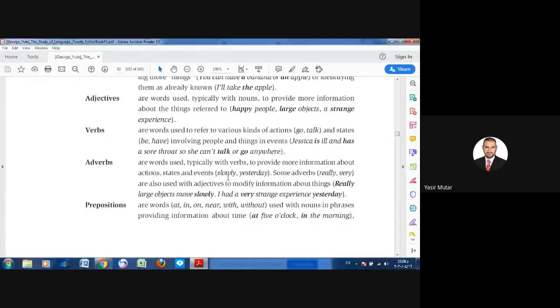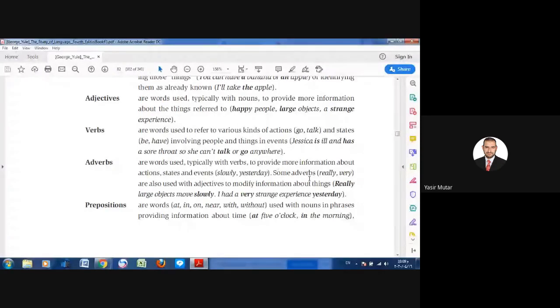Like we have here slowly and yesterday. Slowly, when I say he came slowly, or the car is moving slowly. So this is a description for the verb. It adds more information to the verb. And also yesterday here, for example, he came yesterday. So here, actions, states, and events.